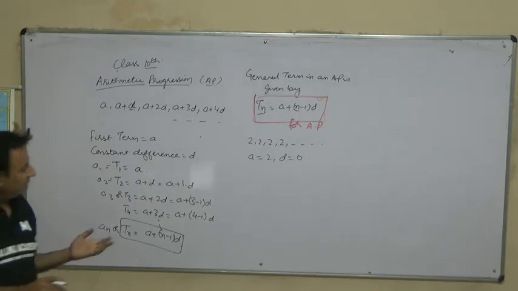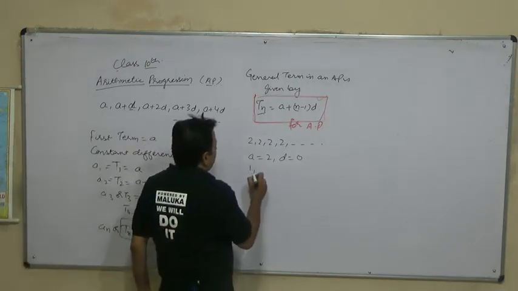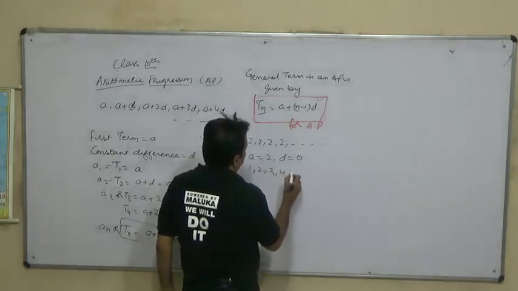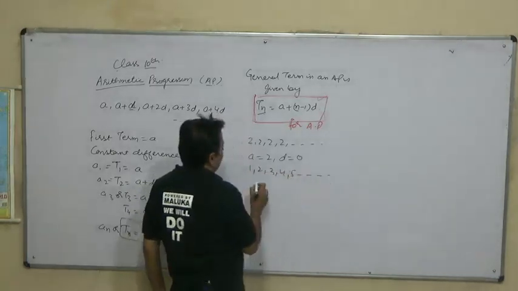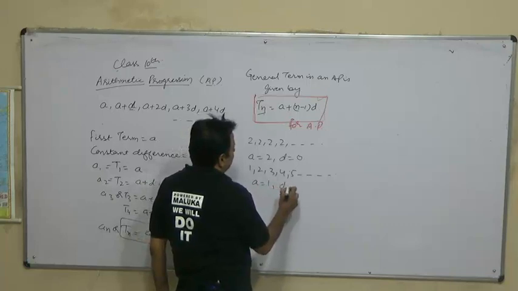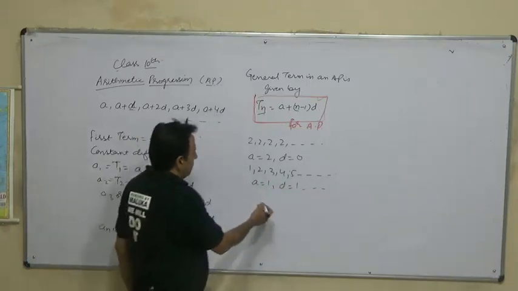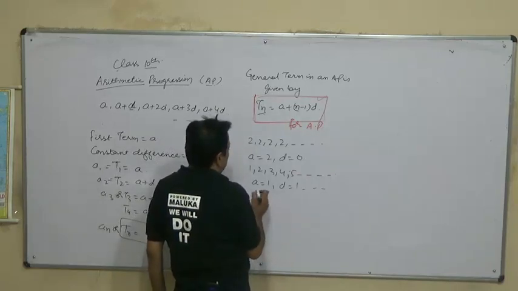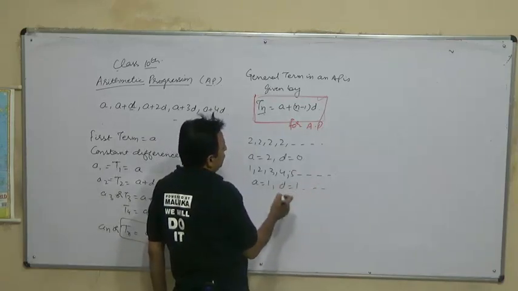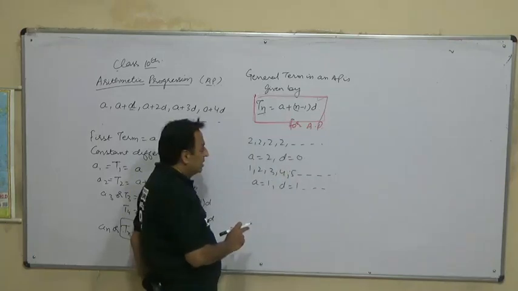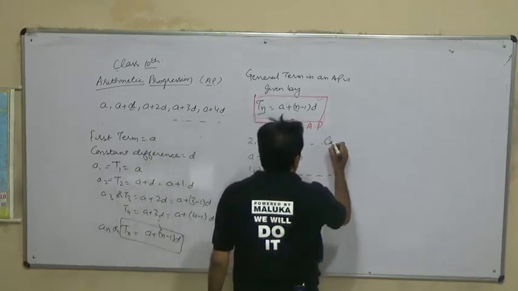For example, if we have 1, 2, 3, 4, 5 and so on, here A is equal to 1, D is equal to 1, and it continues. So the first is a constant series.